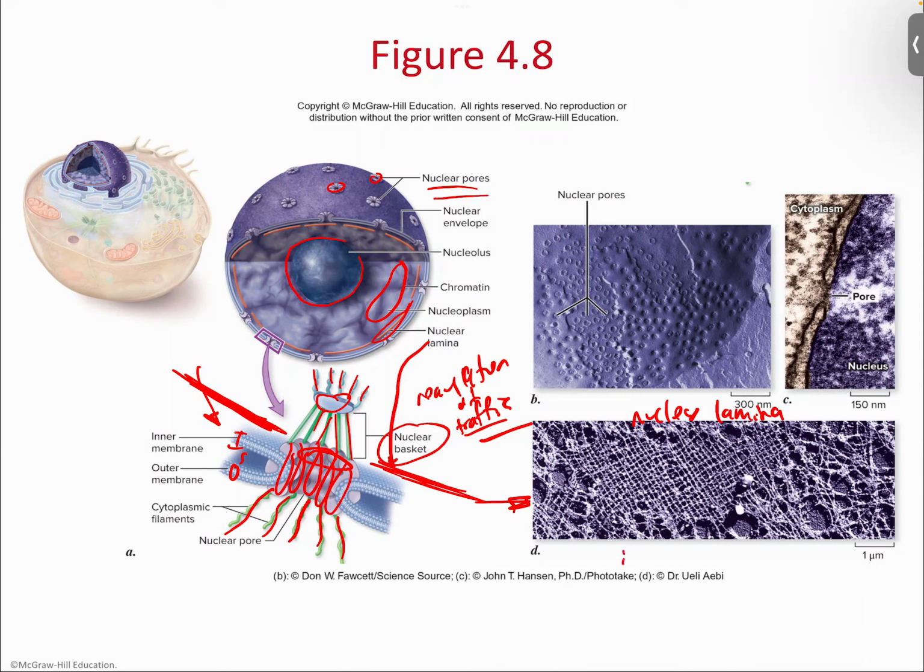This is basically an intermediate filament of what we just talked about. This is part of the cytoskeleton. This is a type of intermediate filament where you have long fibers of protein made of laminin.